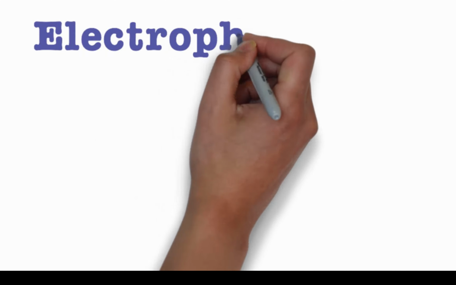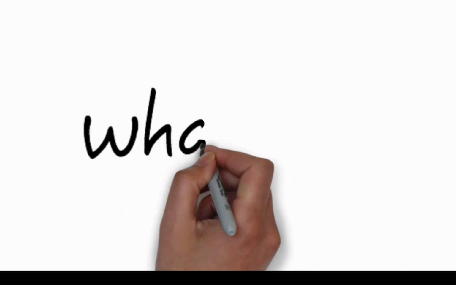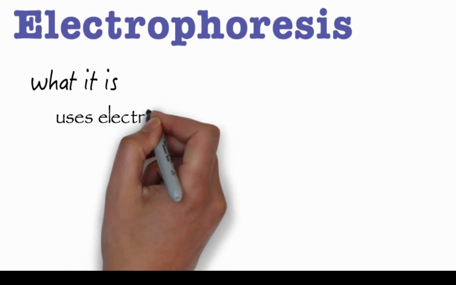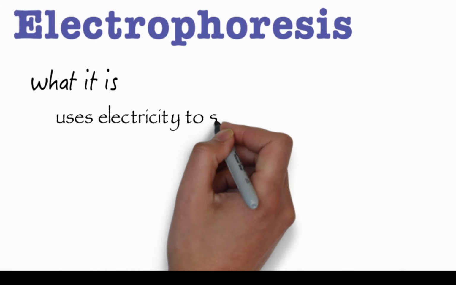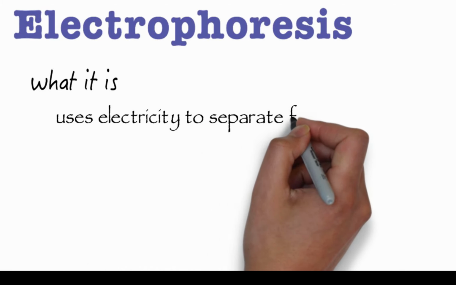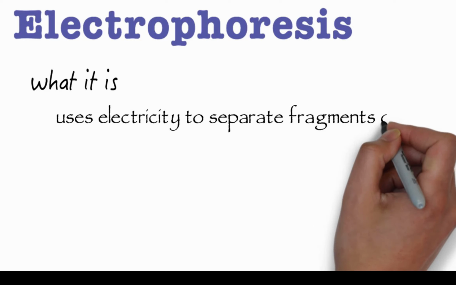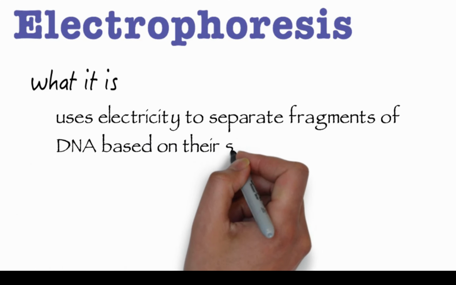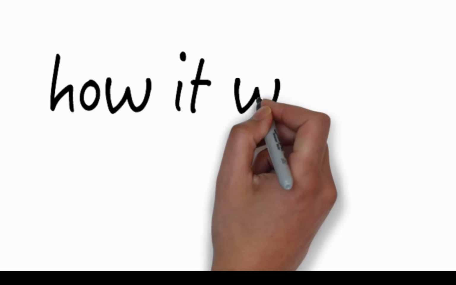Our next technique is gel electrophoresis. Gel electrophoresis is a technique that uses electricity to separate DNA fragments based upon size. So how does it work?